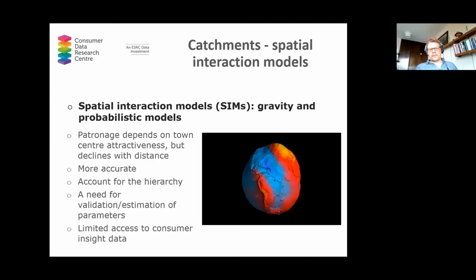These kinds of spatial interaction models, complex techniques, are much more accurate. They account for the hierarchy of the retail centers, which we talked about in part 1. However, on the negative side, we have a couple of limitations listed here. We need validation and estimation of parameters. There are a number of parameters which I'm going to introduce in a minute, and they have to be estimated, and the results have to be validated as well.